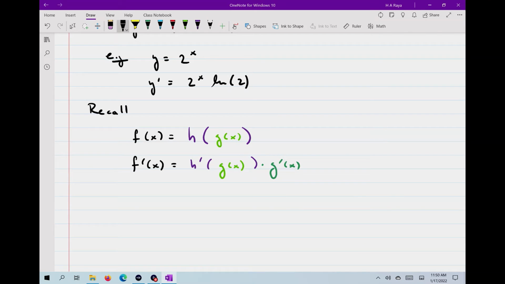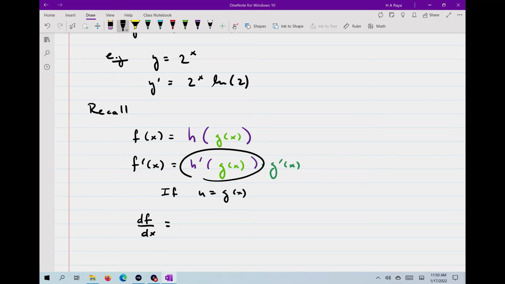If you make a little substitution and say that u is equal to g of x, we can write this line in the following way. F prime of x can be replaced with df of x.